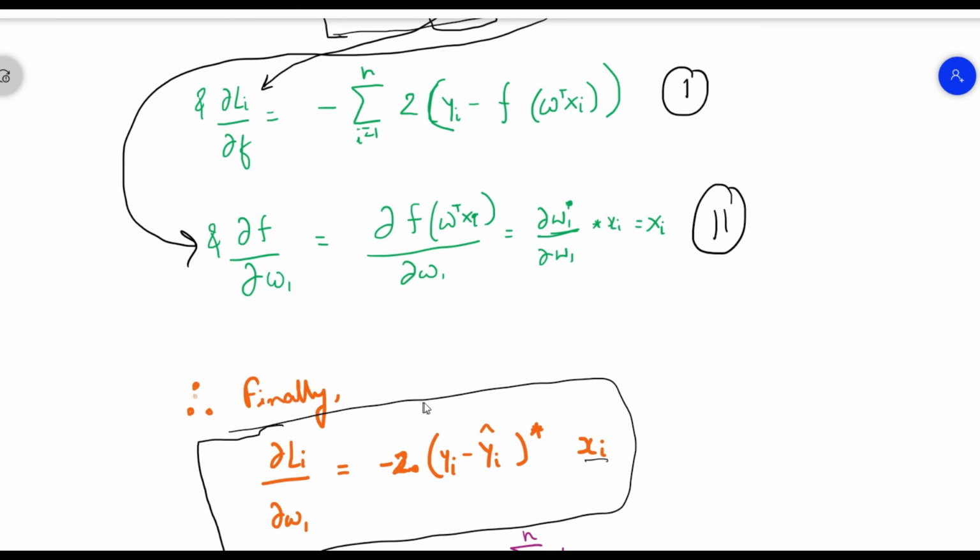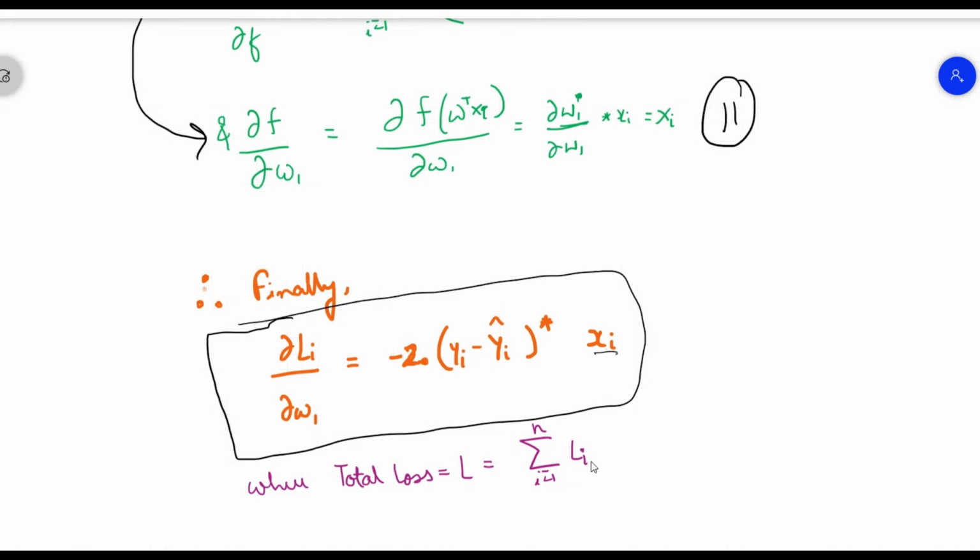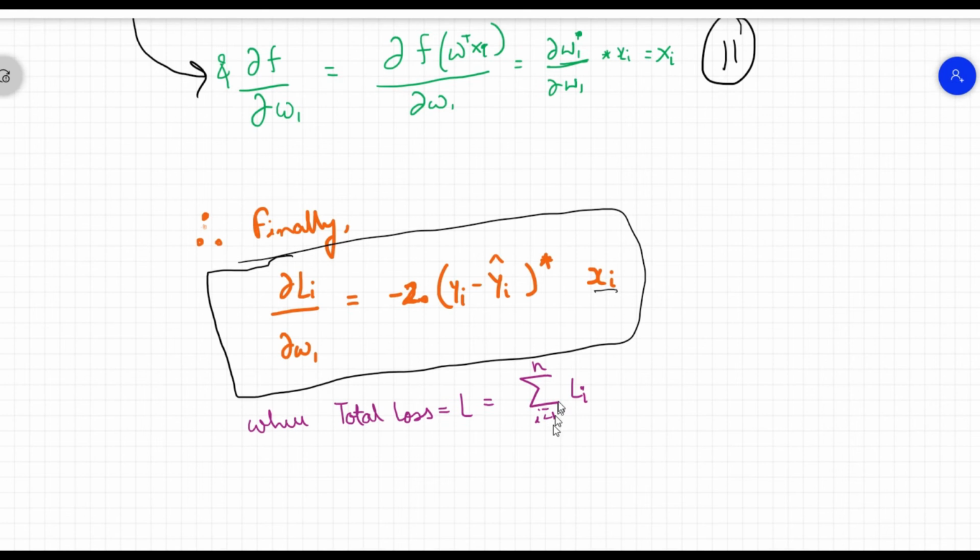But our data set has points from 1 to n, and we know the total loss is the loss at one specific point summed up for all the points from i equals 1 to n.